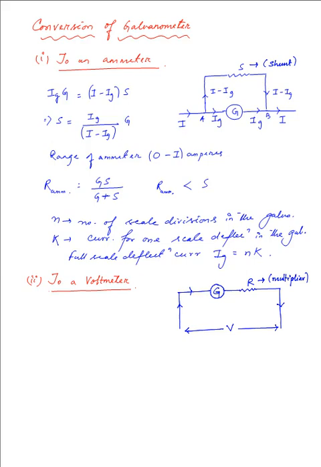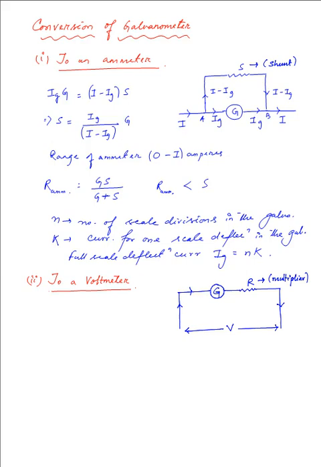But as far as the measurement of the potential difference is concerned, which is the work required of the voltmeter, what we do is connect a suitable high resistance R. Now R here is known as the multiplier, and it is connected in series as opposed to the parallel connection of the shunt in the case of the ammeter. The multiplier R has a very high value of resistance.